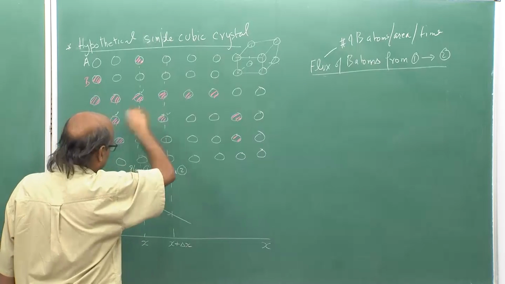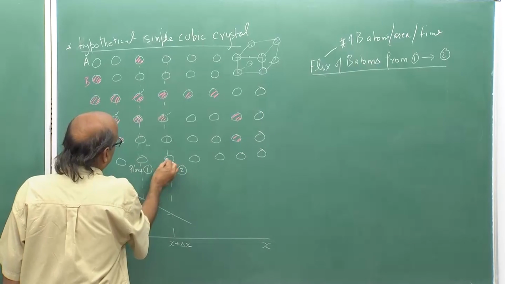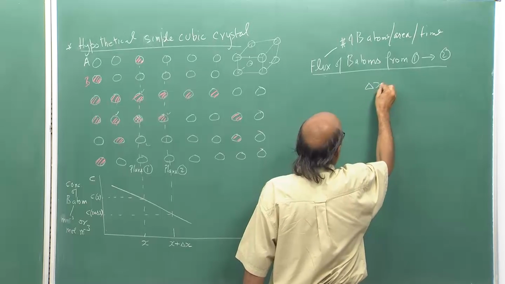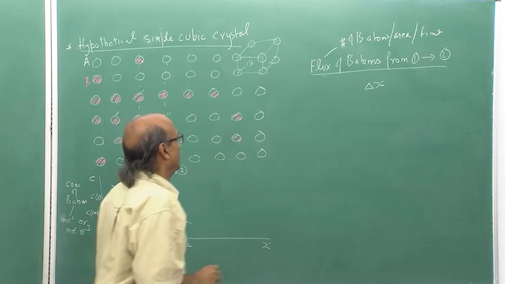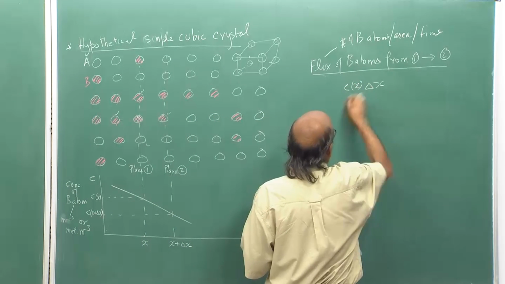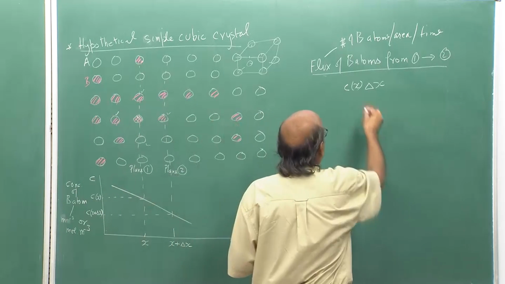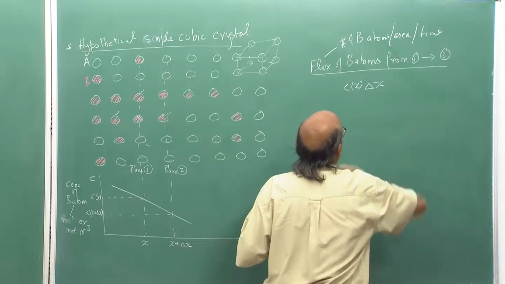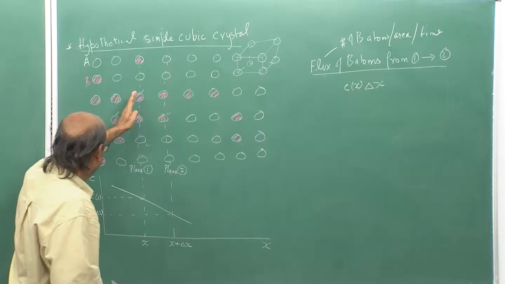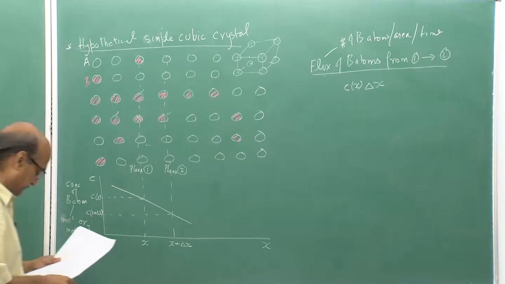Then the volume in between plane 1 and plane 2 is simply delta x, the area of cross section being unity, multiplied with Cx, the concentration, which is number of B atoms per unit volume, giving the total number of B atoms on plane 1 per unit area of the plane.